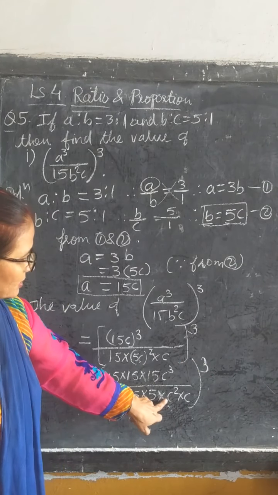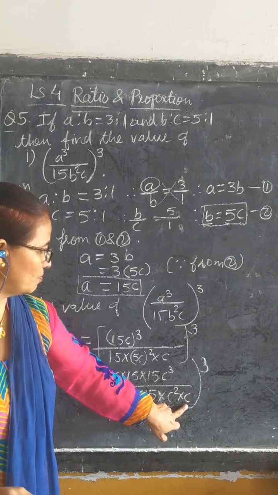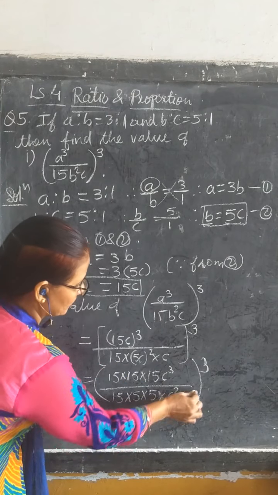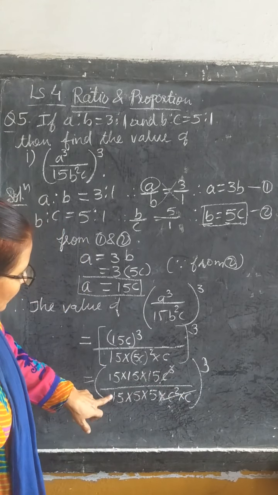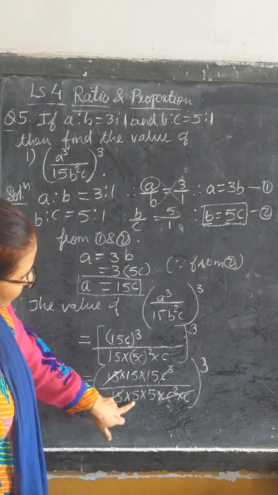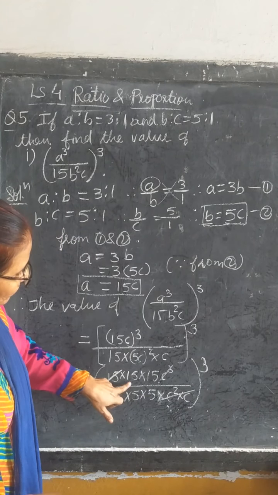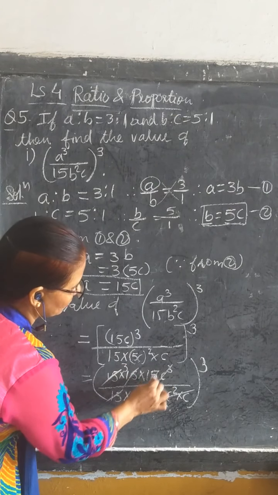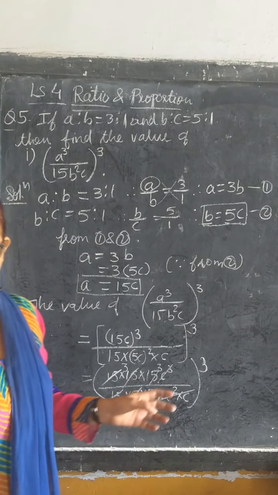Now you see children, here C square into C is C cube, and C cube is already there, so this will get cancelled. Now you can see 15 also you can cancel. Now children, here also you can simplify. When you simplify 5 and 15, 5 3s are 15. Here also we are getting 5 3s are 15.